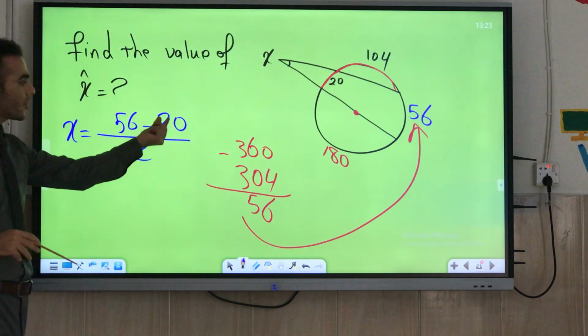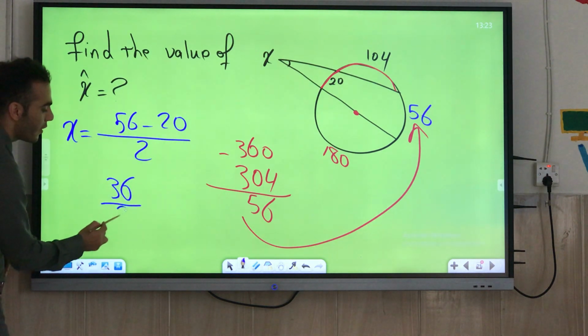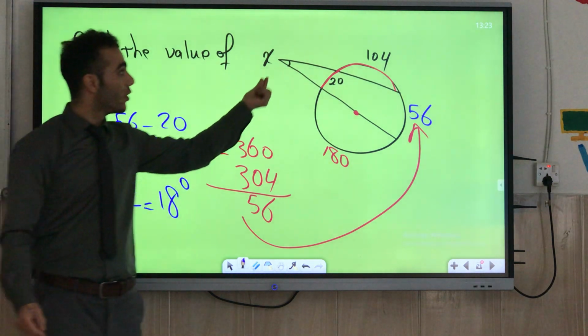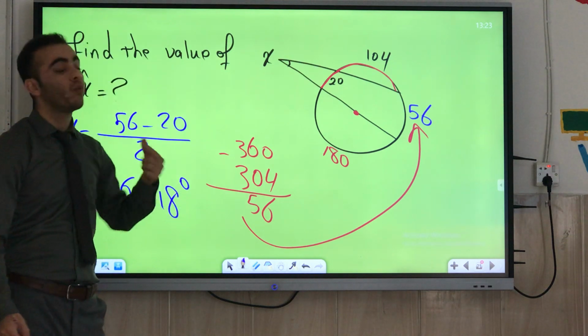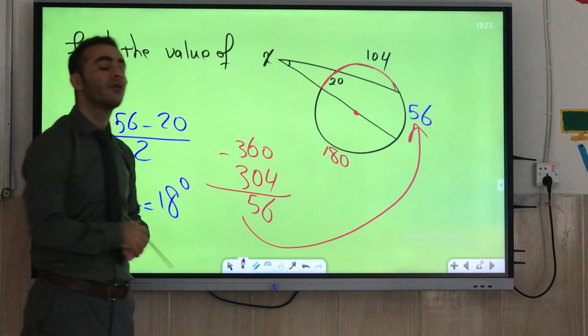So 56 minus 20 is equal to 36. Divided by 2, the result of our calculation is equal to 18 degrees, which means that the measure of our exterior angle is equal to 18 degrees.